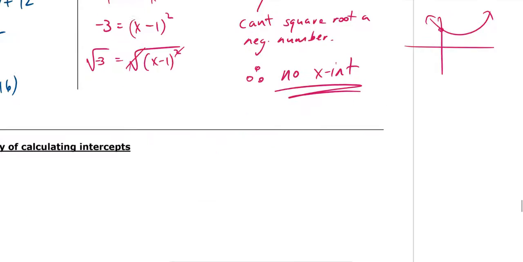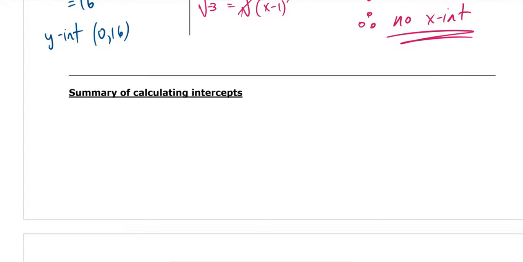Okay, so quick summary, calculating the intercepts. For the y-intercept, you're going to substitute in x equals 0 and then solve for y.